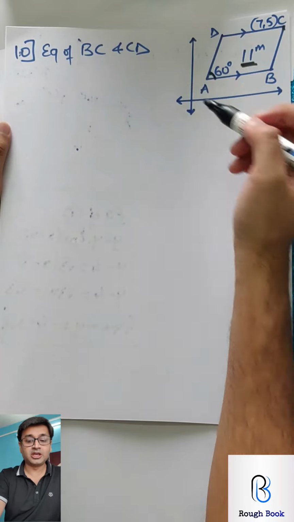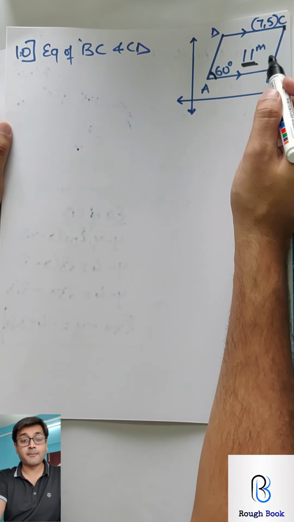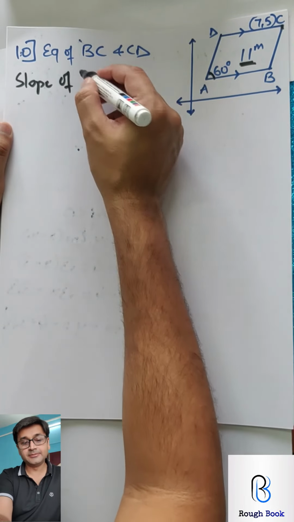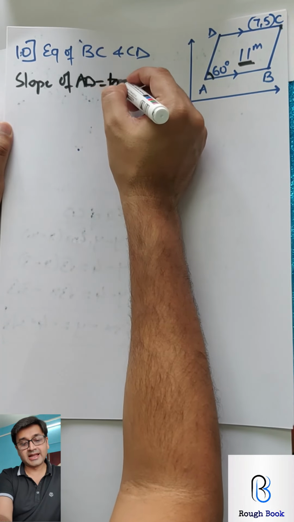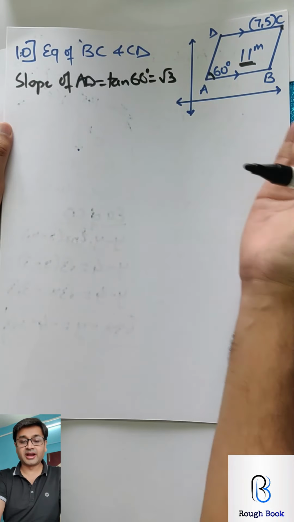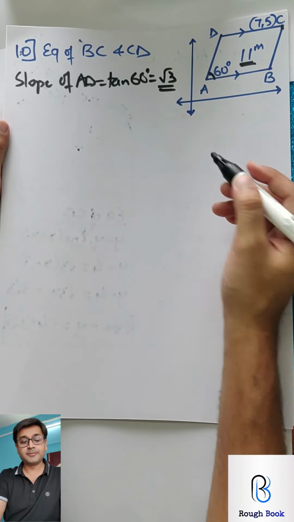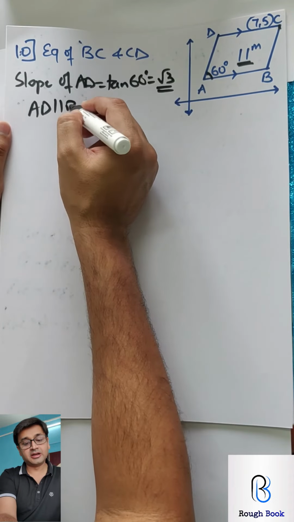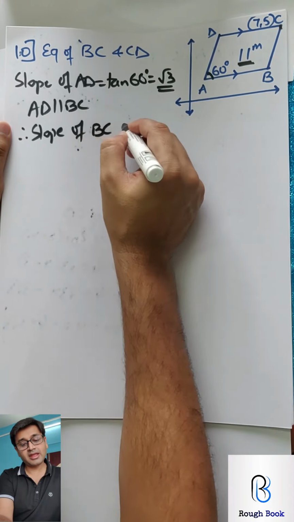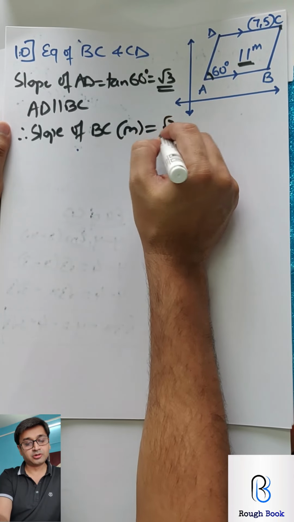The slope of BC will be equal to the slope of AD because both are parallel. So first I am finding the slope of AD, which will be tan 60, which is root 3, because it's on the right hand side. Since AD is parallel to BC, the slope of BC, m, is also root 3.